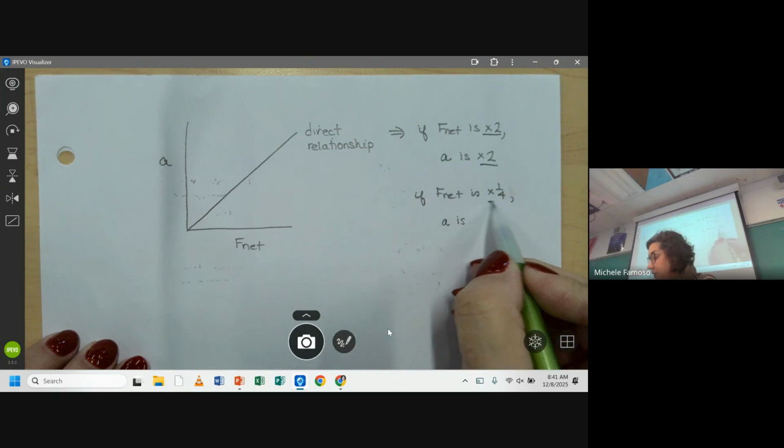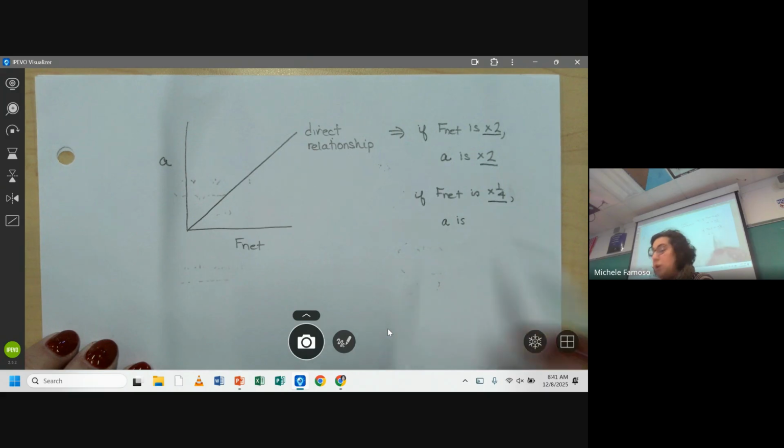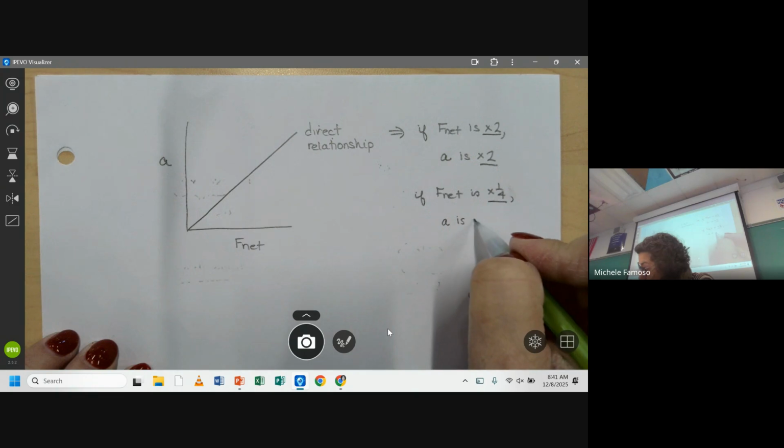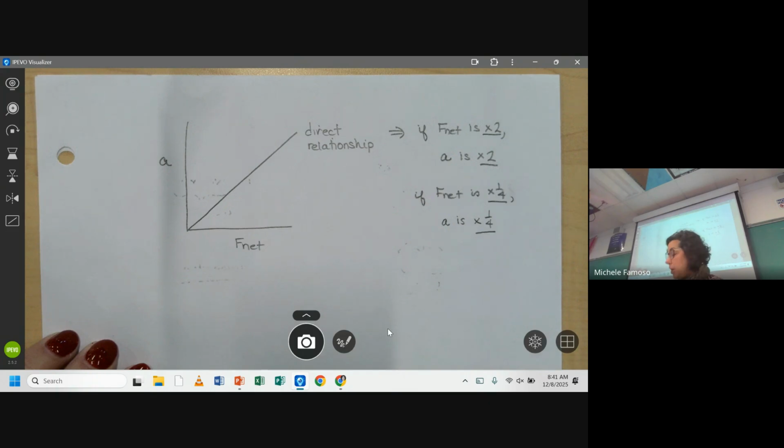If the net force is multiplied by a fourth, what's going to happen to the acceleration? That's right. It's also multiplied by 1/4. That's a direct relationship. Whatever we do to the net force will also happen to the acceleration.